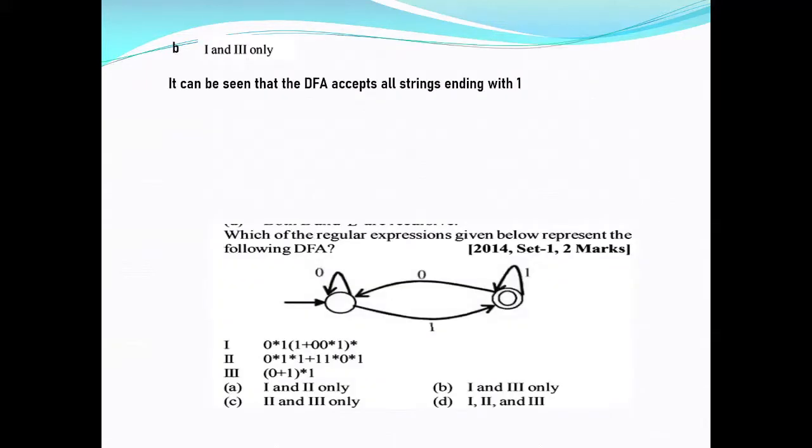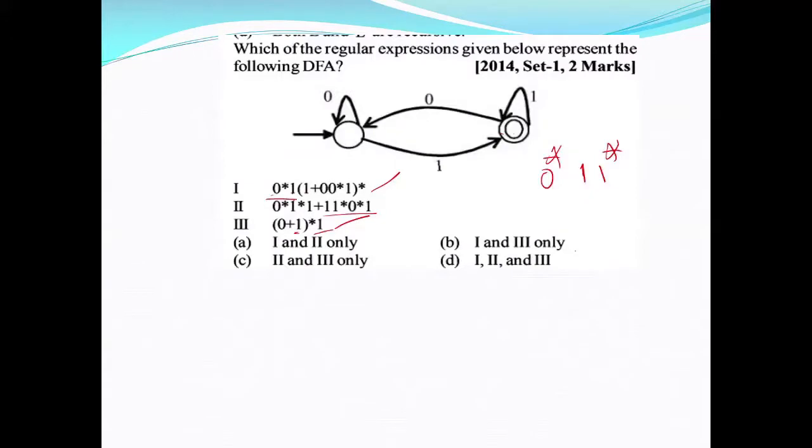So 1 and 3 will give you the same thing. When simplified, you get (0 or 1) whole star 1, because when 1 is there, I am going to this. They are just ending with 1. When it is not ending with 1, I am coming back.